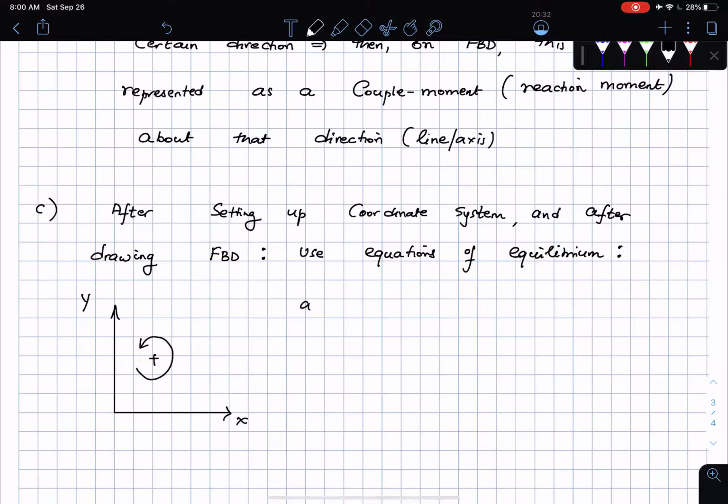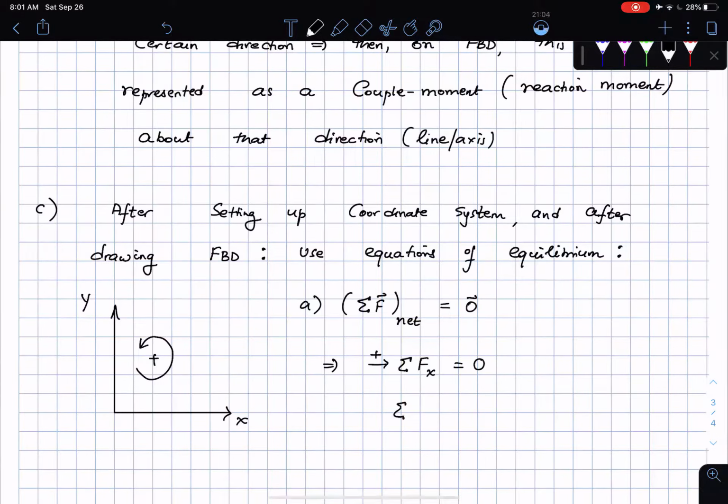The first equation is that the net force, the resultant force, is equal to 0. Because I'm doing this problem in 2 dimensions, I'm going to have forces in the x direction and y direction. So this is equivalent to saying, if I take all the forces acting in the x direction with the forces pointing to the right being positive, I will be able to set them to 0.